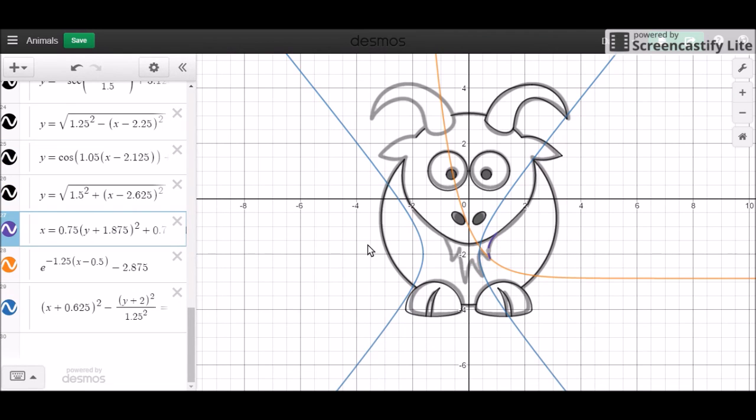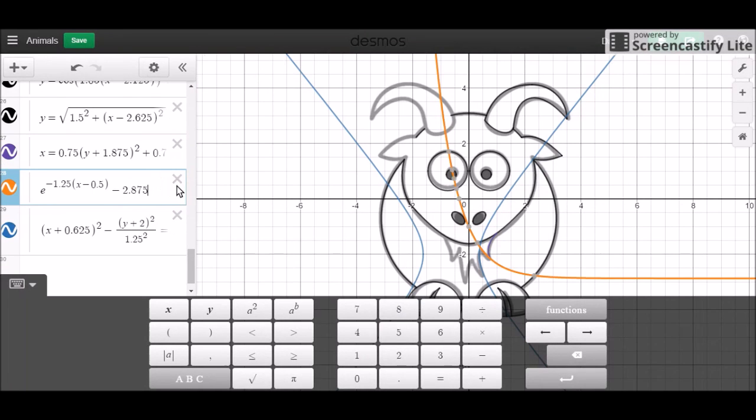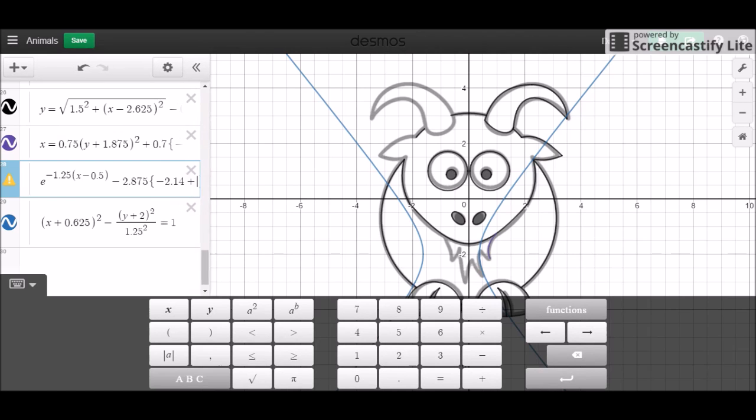Which means this one is going to go from the bottom of this graph, which is negative 2.149. What is going on? Oh, I keep on turning it off. I keep on hitting that. What is this not understanding?